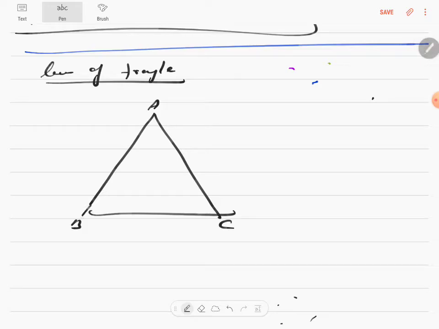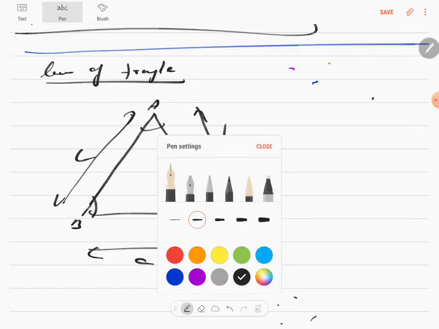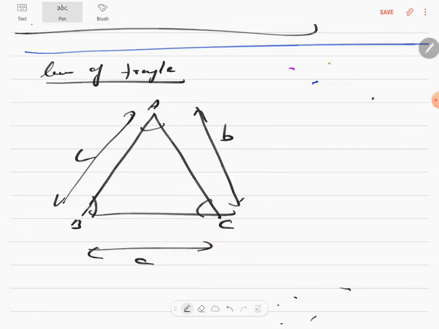Mark the angles as A, B and C. Opposite to angle A is the side small a, opposite angle B is the side small b, opposite angle C is small c. Now, what is the law of triangle? Law of sine and law of cosine.